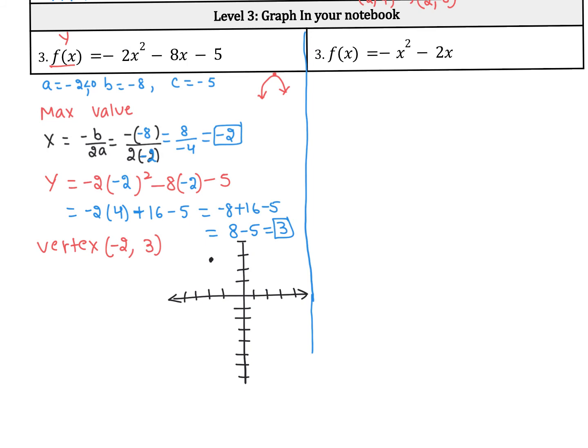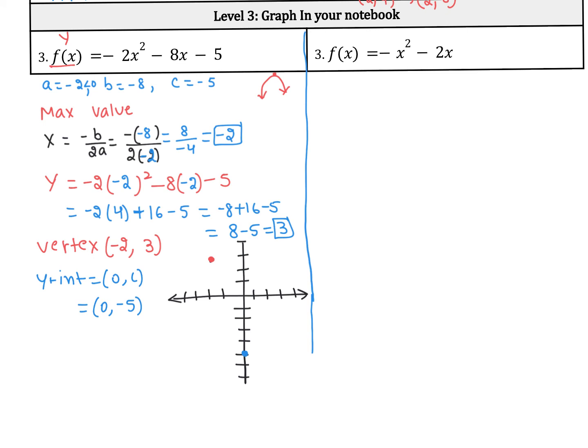So you're going to do this question in your notebook on graph paper. First thing you want to do is graph the vertex, that is negative 2, 3, and then the y-intercept. The y-intercept is the point 0, c, and in this case 0, negative 5.